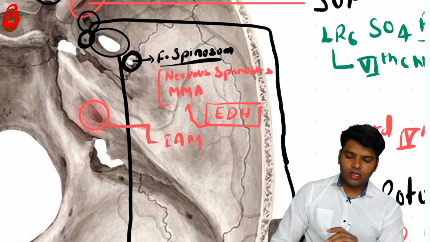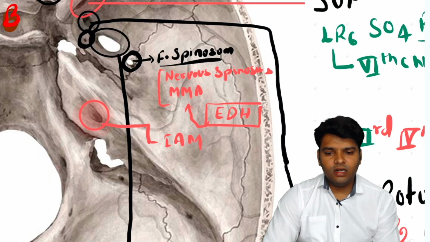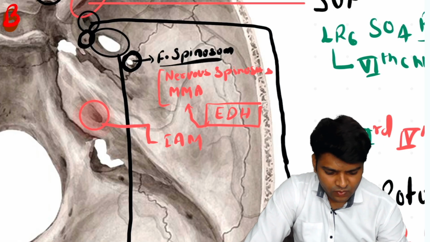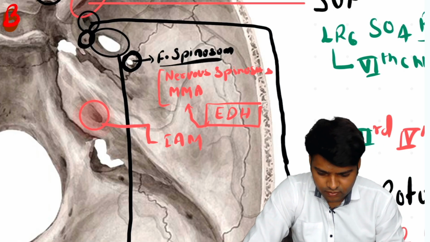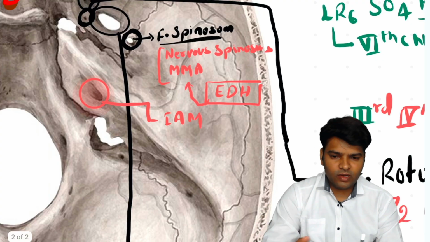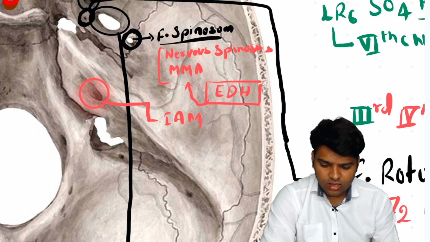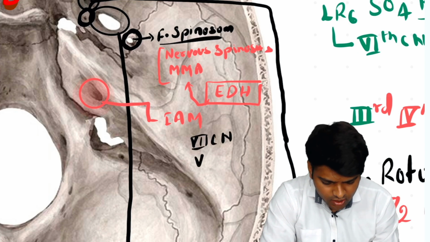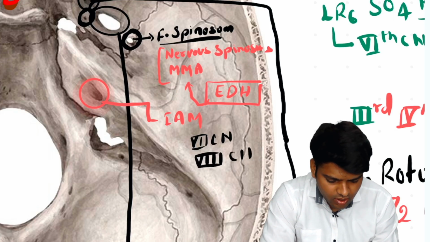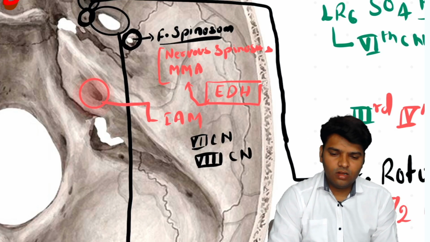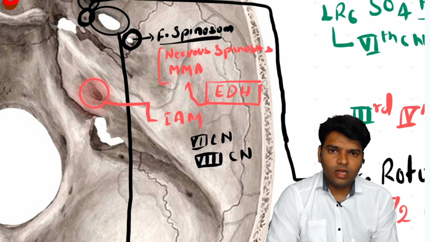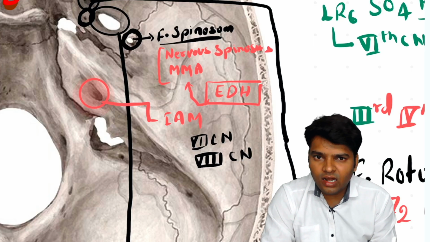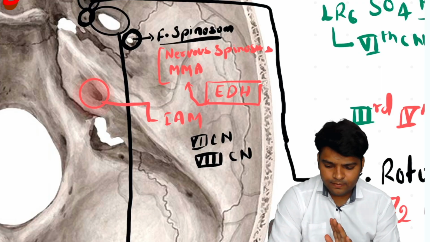So what are the structures passing through the internal acoustic meatus? The structures passing through are the 7th cranial nerve, the facial nerve, and the 8th cranial nerve, the vestibulocochlear nerve. These structures pass through the internal acoustic meatus along with the labyrinthine vessels.